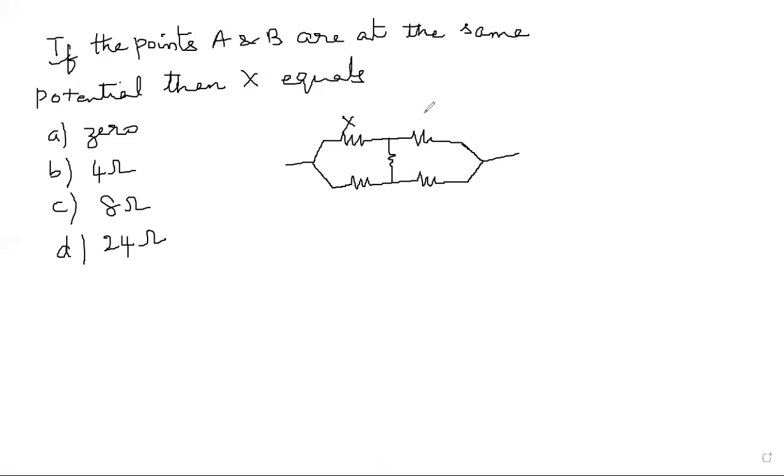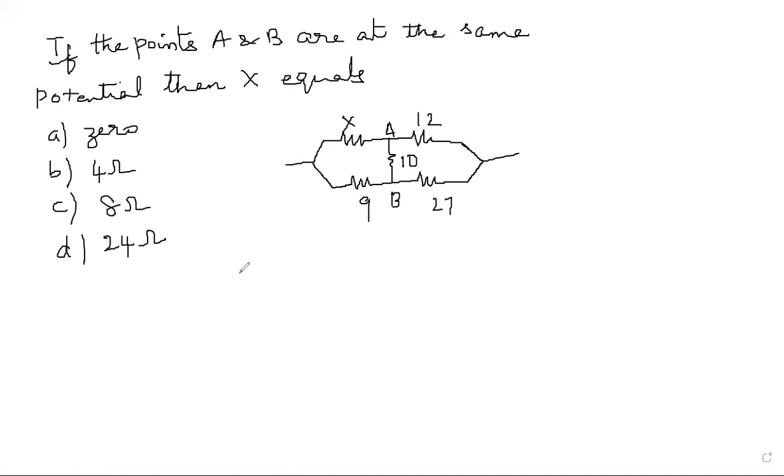It is x, 12, 27, 9. Here it is 10. Okay, since they have told same potential, it is same potential at E and B. Since it is same potential, you can just neglect it. So current through the 10 ohm resistor will be 0.